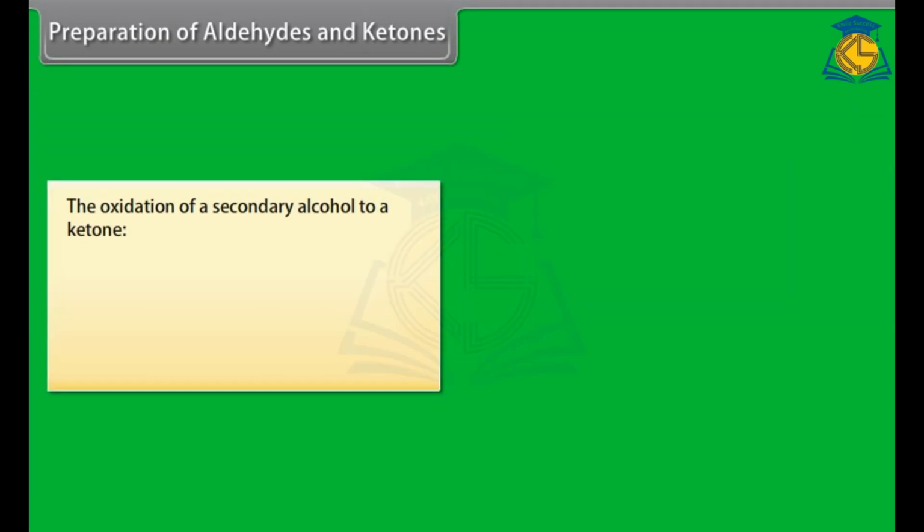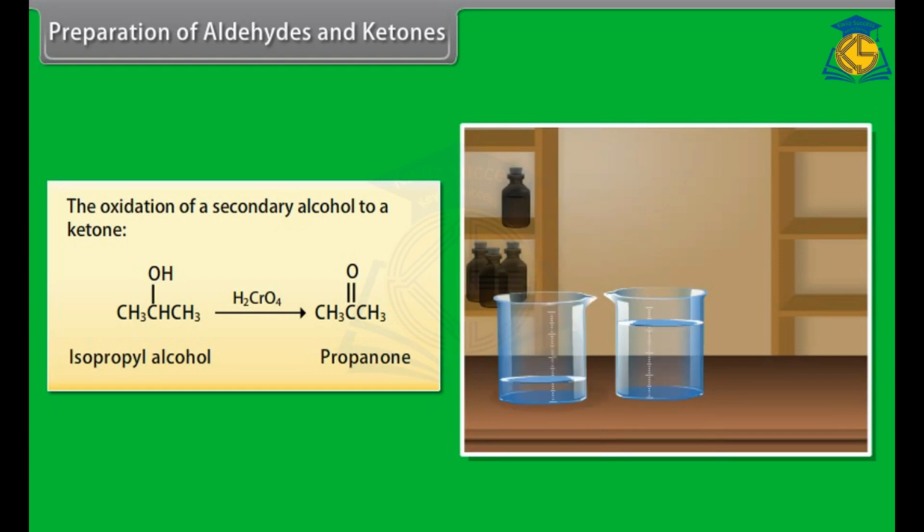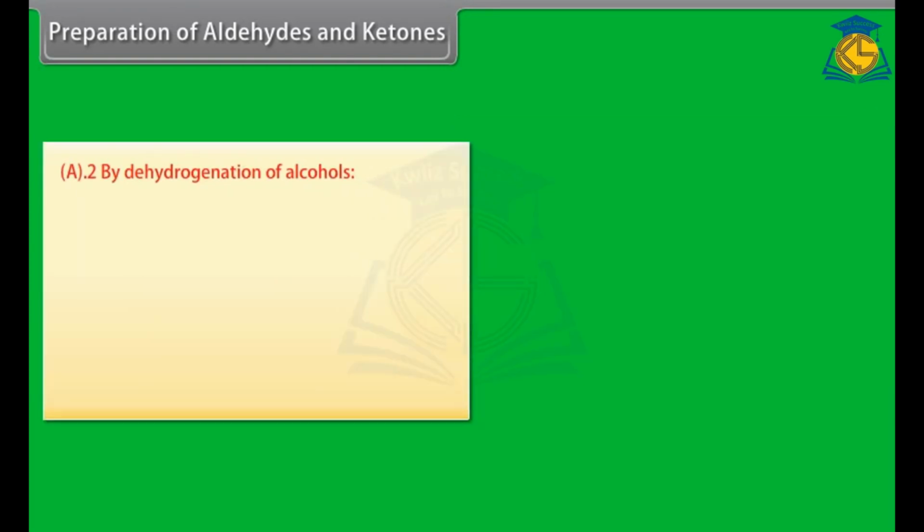The oxidation of a secondary alcohol to a ketone. On adding chromic acid to isopropyl alcohol, it forms propanone, which is a ketone. Preparation of aldehydes and ketones. By dehydrogenation of alcohols.